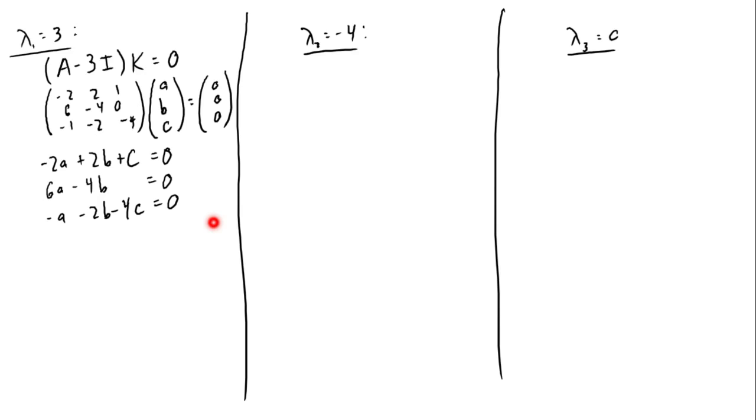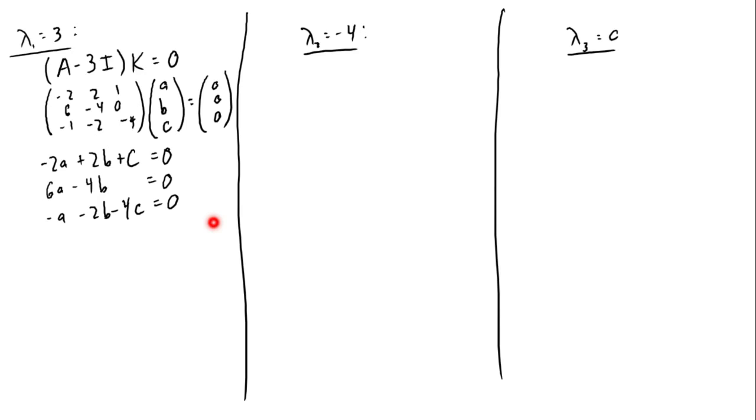Eigenvectors are not unique. What that means is that when I'm solving this system, I expect to get one independent variable, meaning I expect to be able to pick a number for one of these variables, A, B, or C. But what that also means is I'm allowed to ignore one of these equations. Now, in other examples later on, it will be obvious which equations to ignore because one equation will clearly be a multiple of the other.